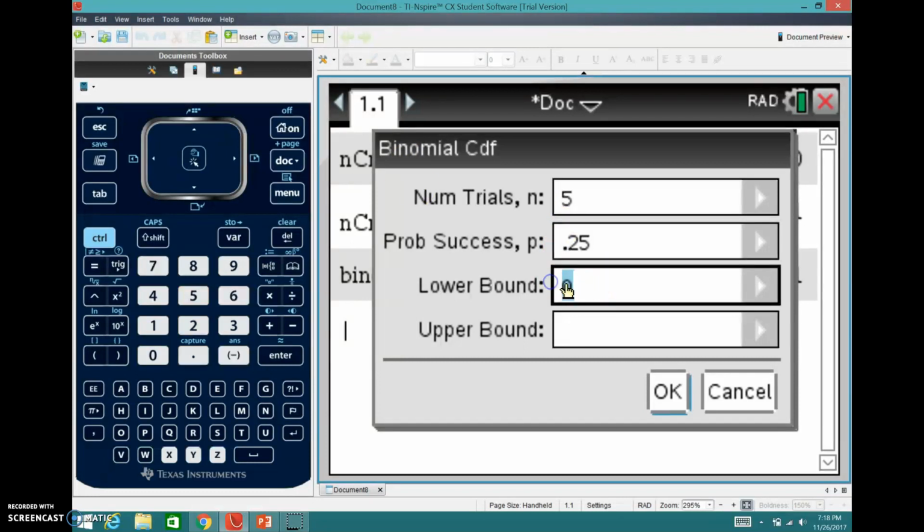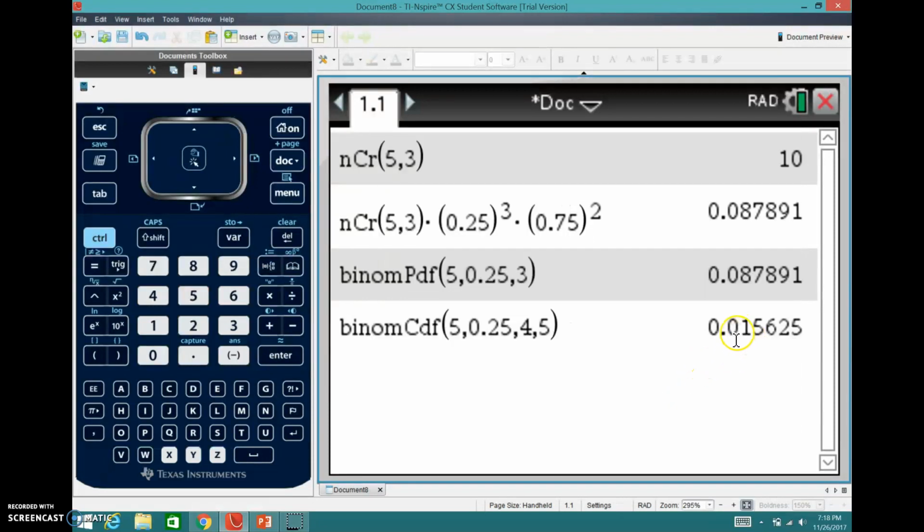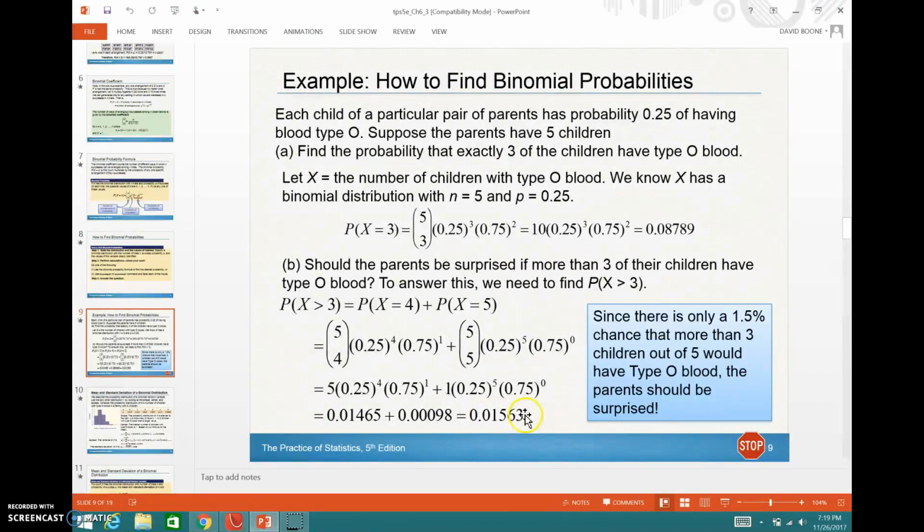Now our lower bound: we're going greater than 3, and this is a discrete distribution, so our first number greater than 3 is 4. Our upper bound, we can't get higher than 5, so that's 5. And you can see our answer right here, 0.015625. Going back to our answer here, they just rounded to this value.